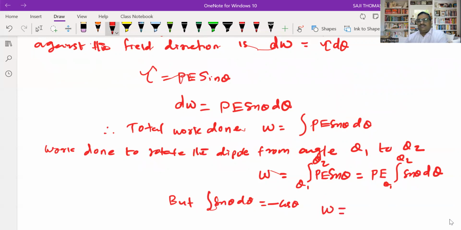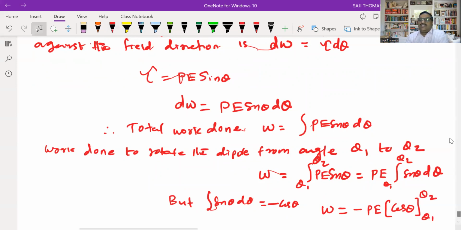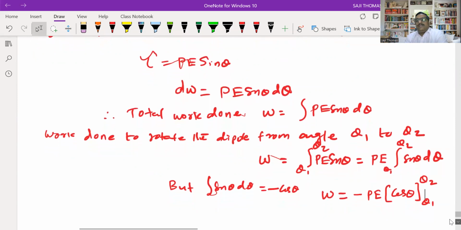Therefore, work done is what? Minus P E, this minus cos theta, but you have to write the limits on the right hand side of the square bracket, theta 1 to theta 2. Next step is you have to apply the limits. How to apply limits?